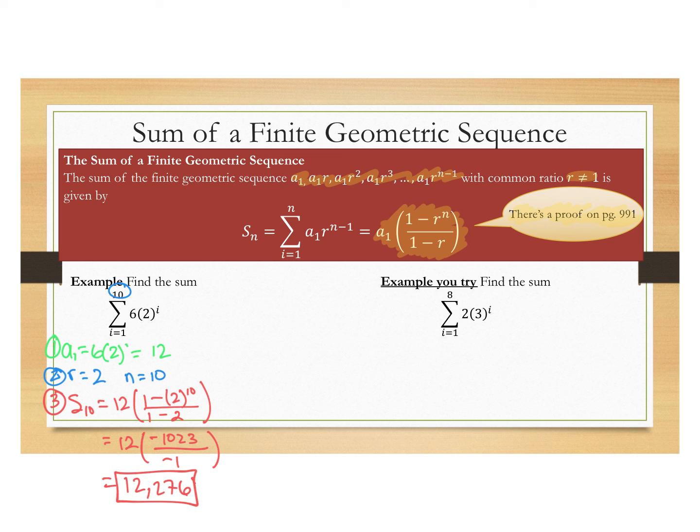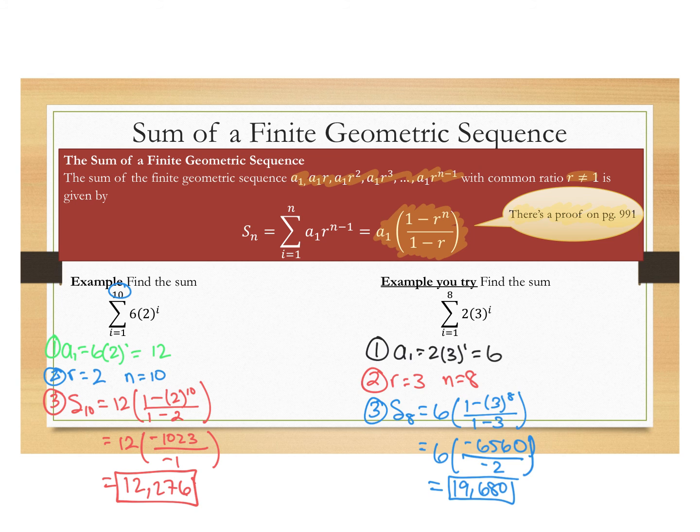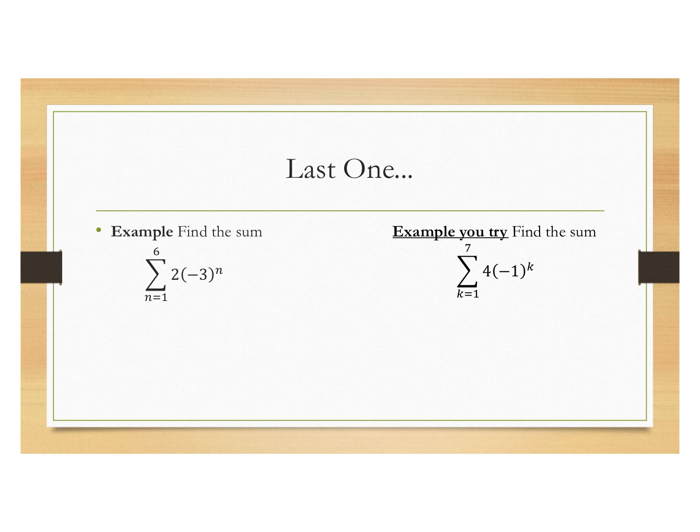Now I would like you to take a minute or two and try this example you tried. And hopefully for this one, you found something around 19,680. Okay, so we're just going to practice doing more of the same. So notice we have something in summation notation. We know it will be a geometric because we have a1 times r to the nth power.